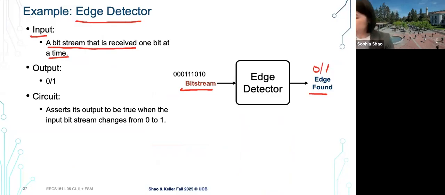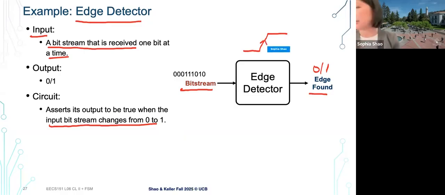In particular, I want to detect whenever my input bit stream goes from 0 to 1, so this is a rising edge detector. Whenever I see my input go from 0 to 1, I want to let my downstream circuit know that something has changed. That's the only edge I care about.